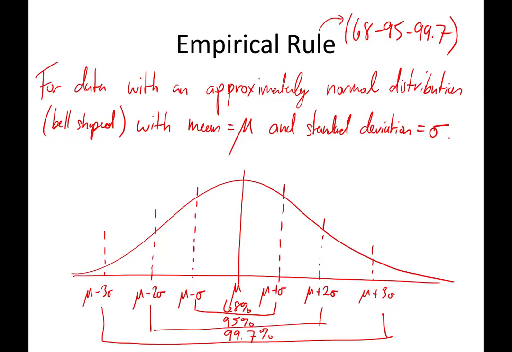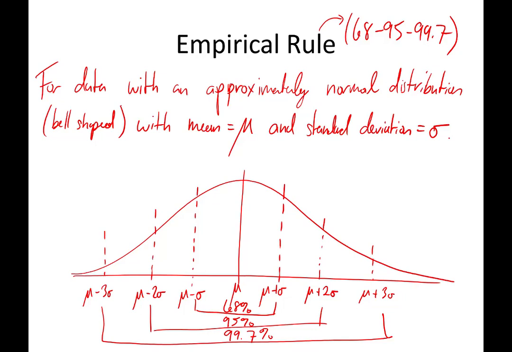Empirical. Anybody know what empirical means? Yeah, that's right. A good way to define empirical would be evidence-based. It means that it was derived by observation. What we noticed over time with normal distributions is that if you calculate their mean and their standard deviation, these percentages hold true over many, many data sets.